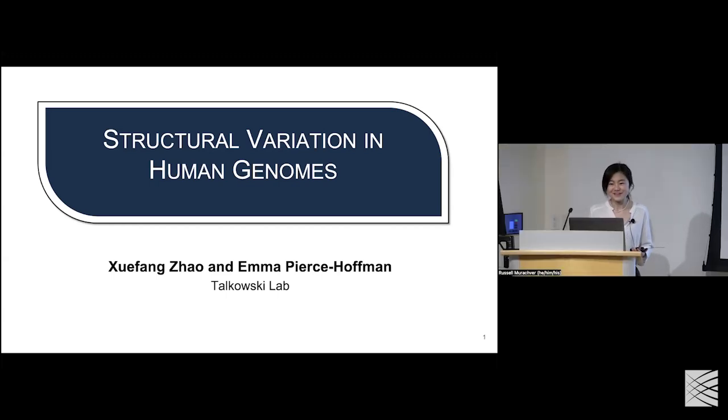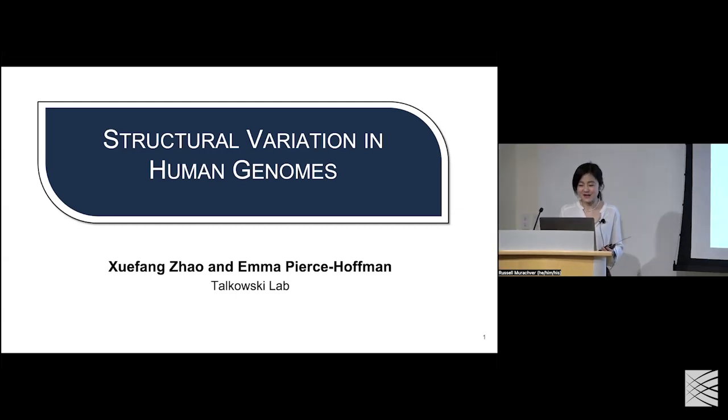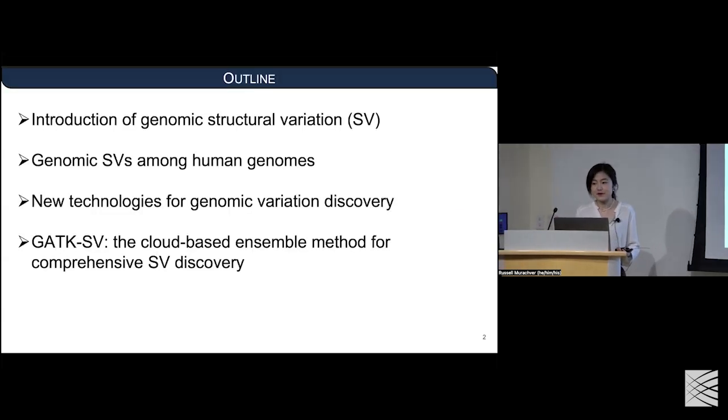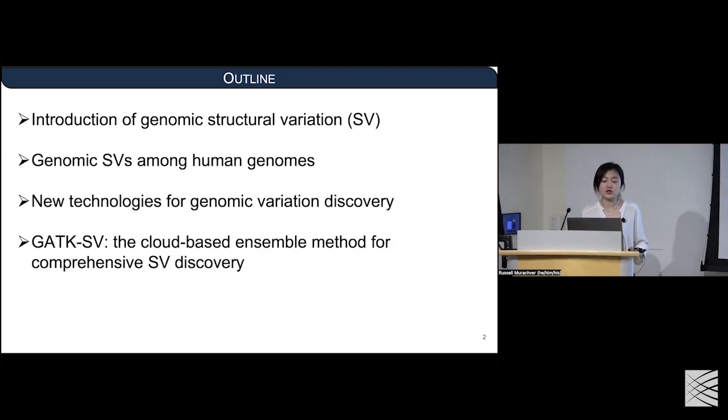Today, I'm really excited to share with you a brief concept and our work in structural variation in human genetics. I'm going to first very briefly introduce genomic structural variation, which I'm pretty sure most of you are already familiar with, so I'll go through very fast. And then I'm going to generally talk about the genomic SV discovery in this field in the past 1 to 2 decades.